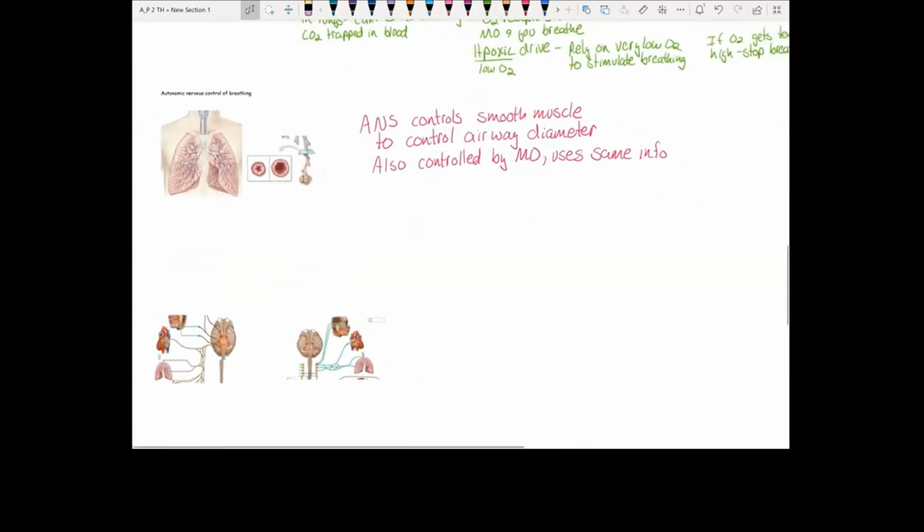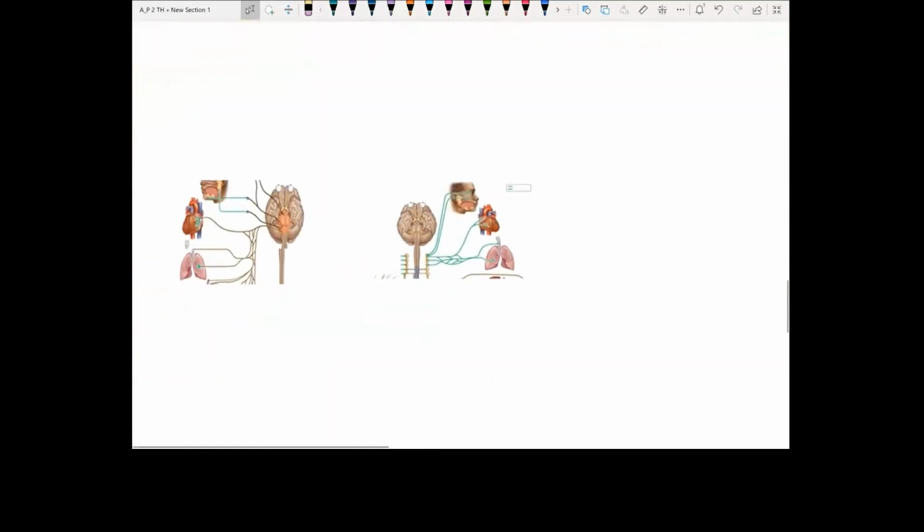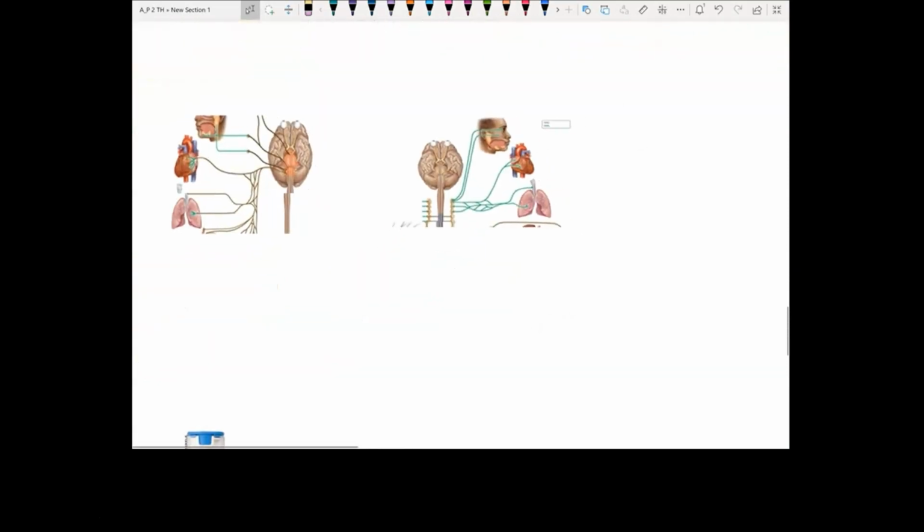Okay, so if we come down here, you have your two options, sympathetic and parasympathetic. So we know that this is parasympathetic, and this one is sympathetic. Okay, so parasympathetic is going to be if your pH, so now think it through.